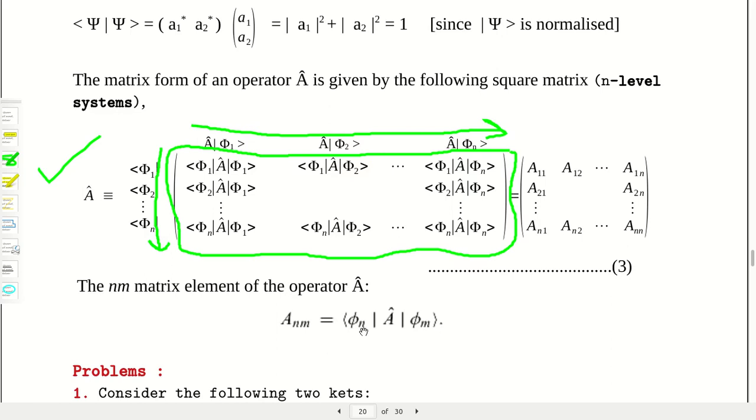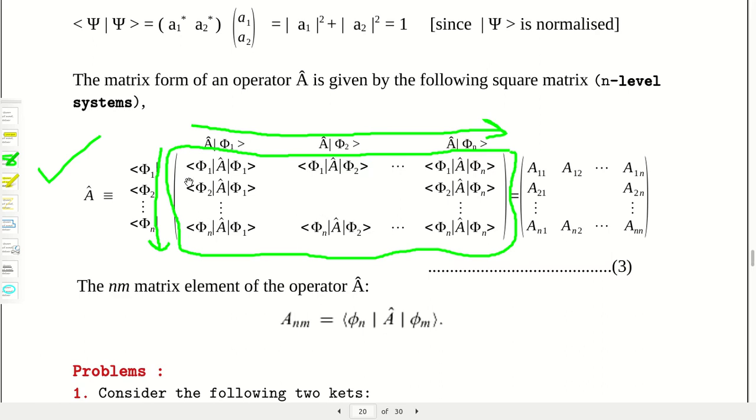So bra phi n is there, and A over the ket phi m. So bra phi n A ket phi m is your A n m, that is the nmth element of the matrix. So this should be remembered, and most importantly, the technique should be followed.